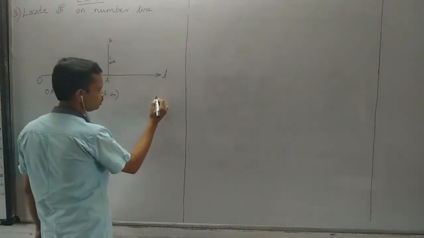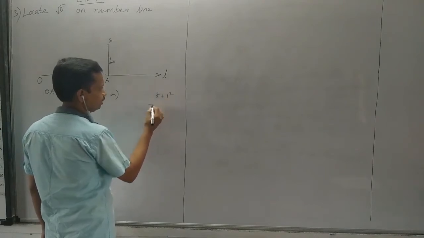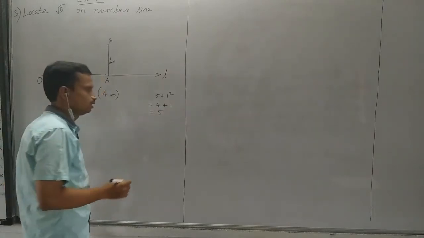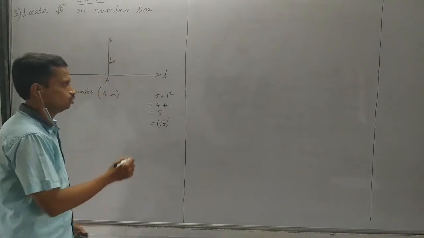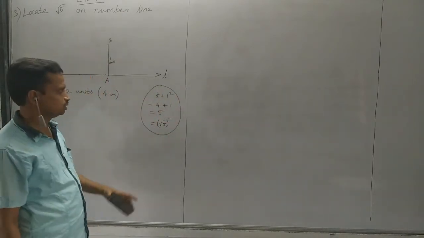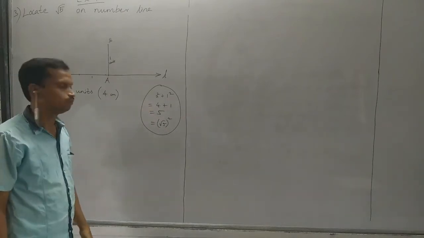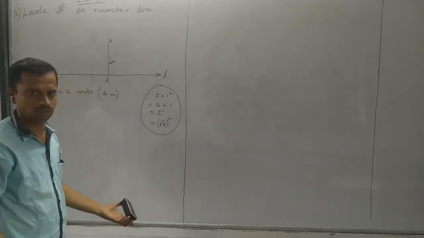Because 2 square plus 1 square is 4 plus 1 equal to 5. So 5 is what? Root 5 the whole square. So now you got the Pythagoras. As per Pythagoras, 2 square plus 1 square, we get 5. And 5 we can write as root 5 the whole square, which is nothing but 5.